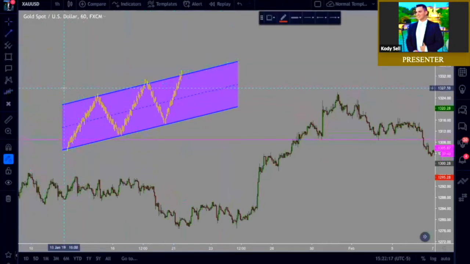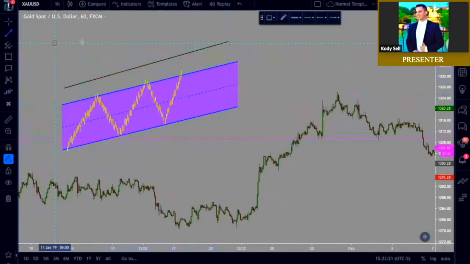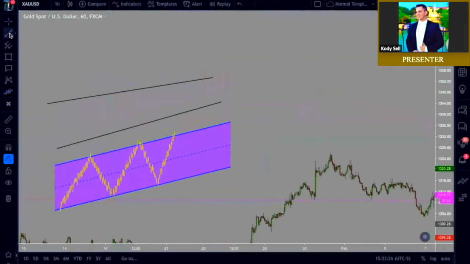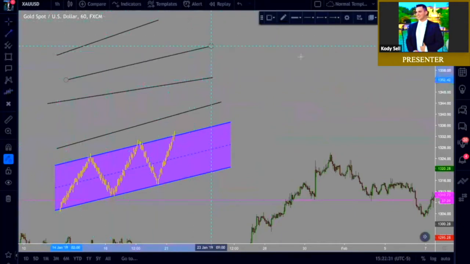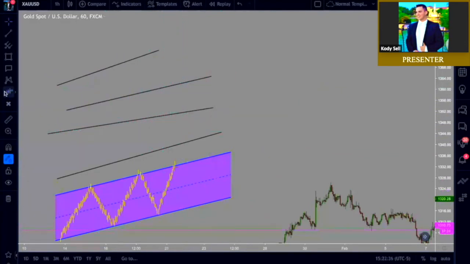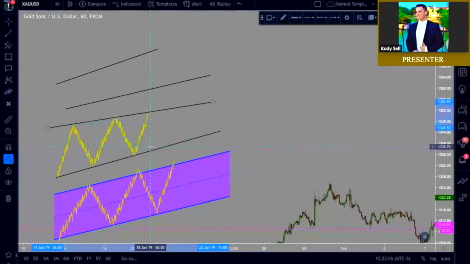Your channel will actually look something like this. Let's go ahead and make this black. It'll look something like that, okay? Or maybe it will look something like that, okay? Notice how in each of these cases, they're not perfectly parallel. It's just essentially two different trend lines, one forming a resistance on top of your head, the other forming a support beneath you.